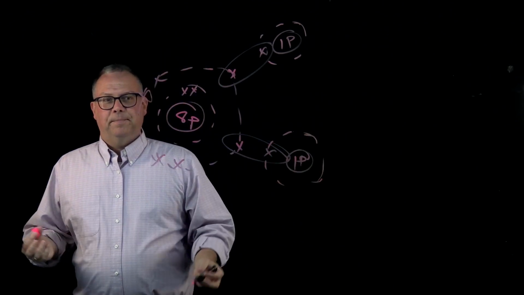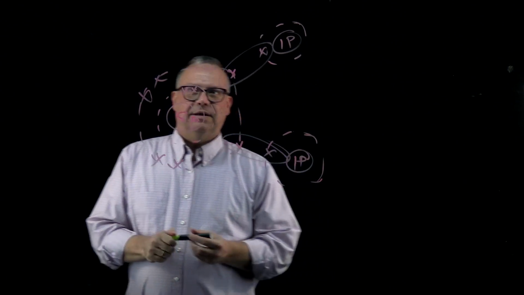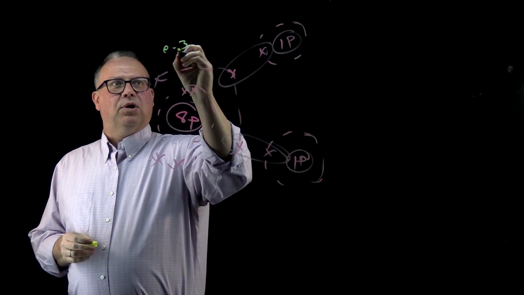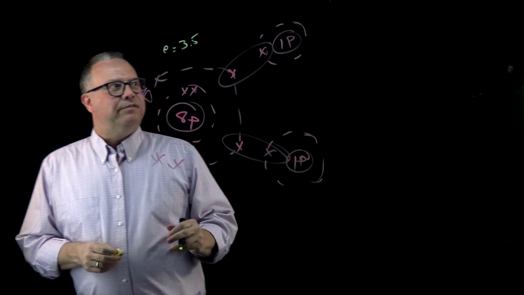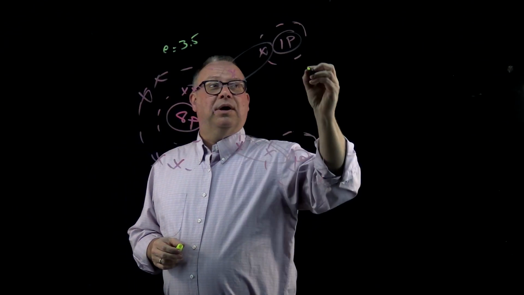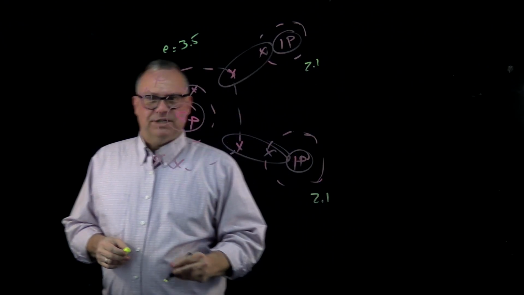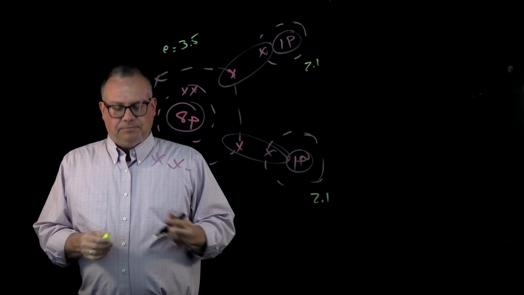We've drawn this before. The electronegativity value of oxygen is about, like we said before, 3.5. For these hydrogens over here, it's a lot lower. It's about 2.1, give or take. It's pretty low, right?